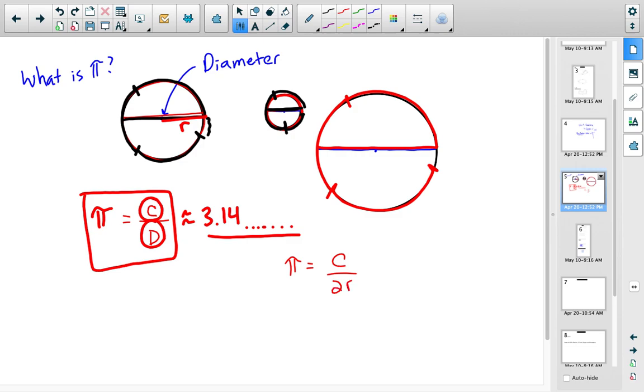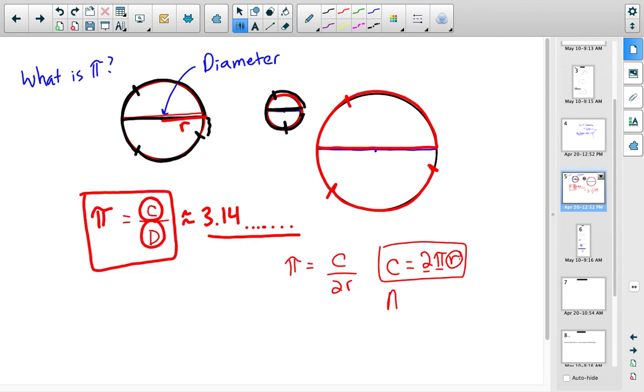And then if I cross multiply both sides by 2r, I'd get the circumference equals 2 times r times pi, but for whatever reason we write it 2 pi r. And that is the formula for circumference of a circle. Notice 2 is a constant, pi is a constant, and r is going to be a number that's going to vary circle to circle. But my distance around, circumference, is 2 pi r.